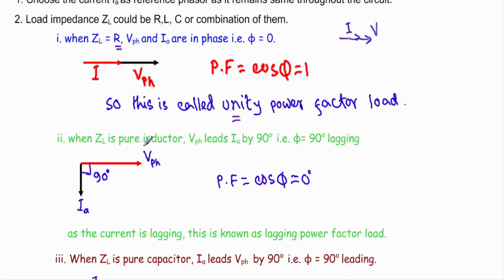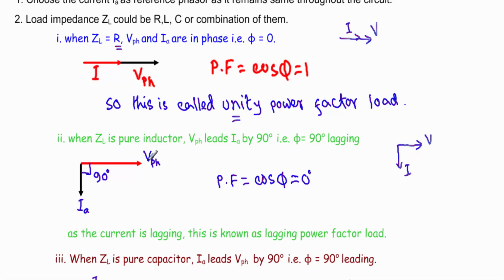If our load is a pure inductor, that means in a pure inductor, what is the relation of voltage and current? If we take the voltage in this direction, current will be 90 degree lagging from this voltage, as we have to take the VPH.